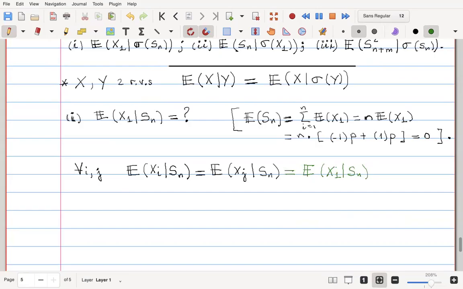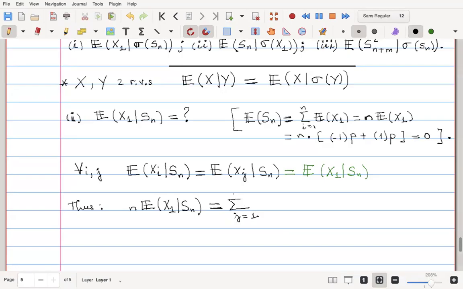Now, if I sum this from 1 to n, this is constant. It will be n times this. If I sum here, n times the conditional expectation of x1 given Sn will be equal to, now I use the linearity, that is, I sum on both sides.